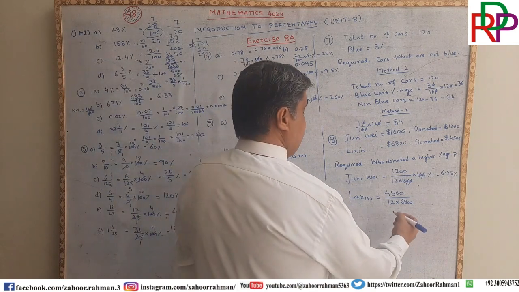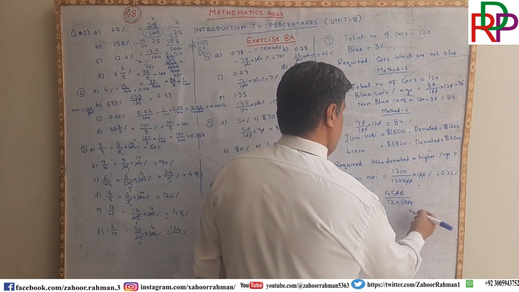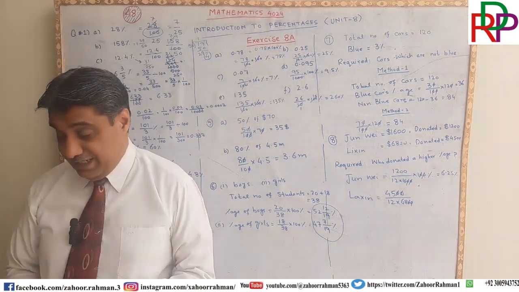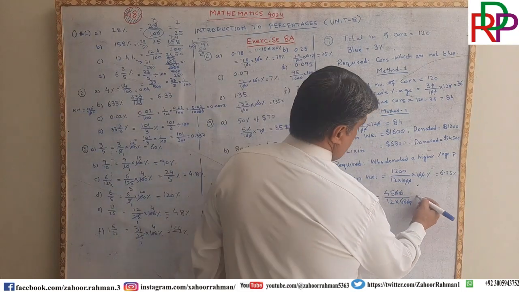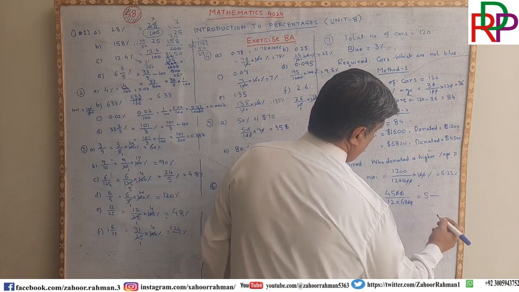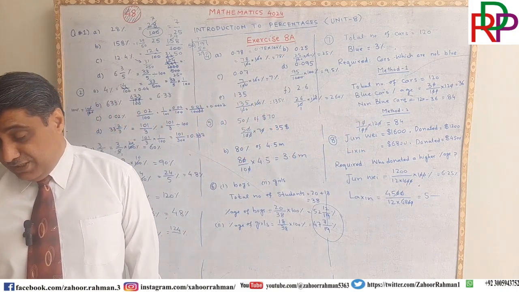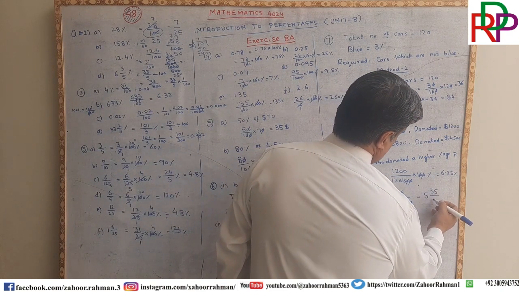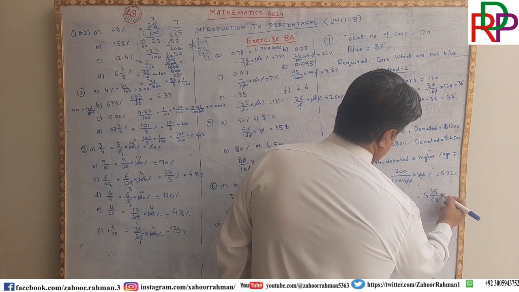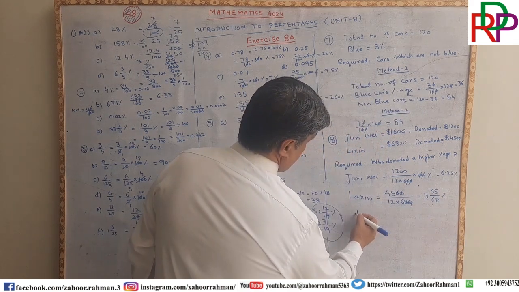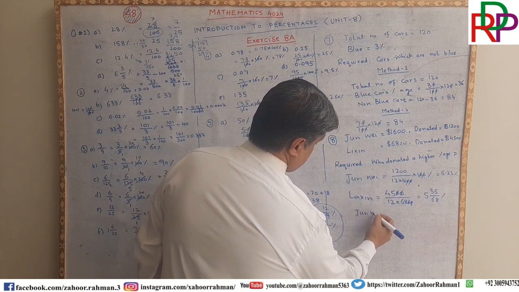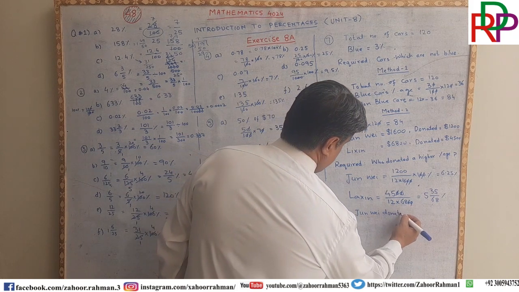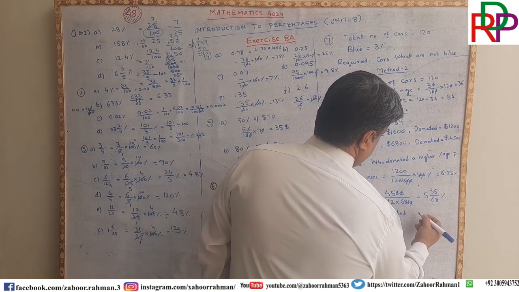Now again these two zeros will be cancelled with this one, and when we calculate it, it will be equal to 5 whole 35 over 68%. So Junwei donated a higher percentage.